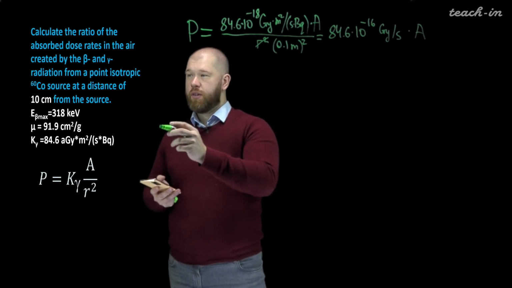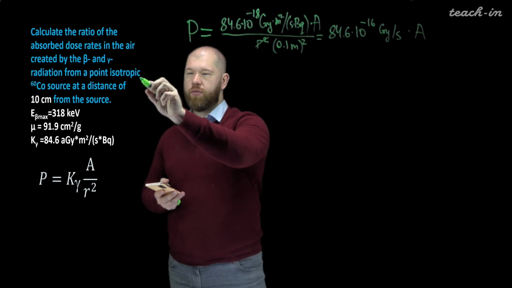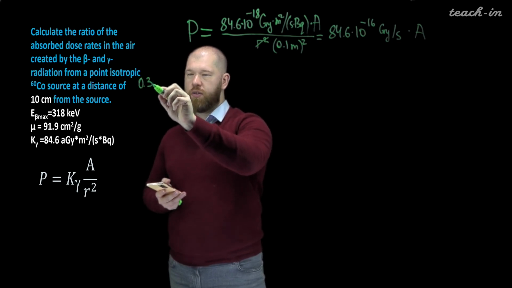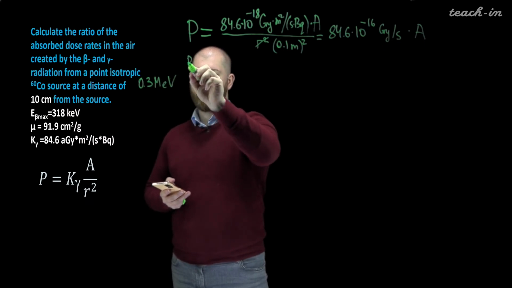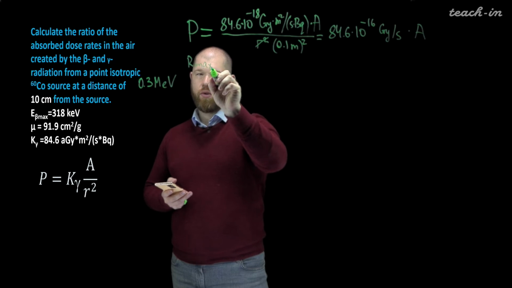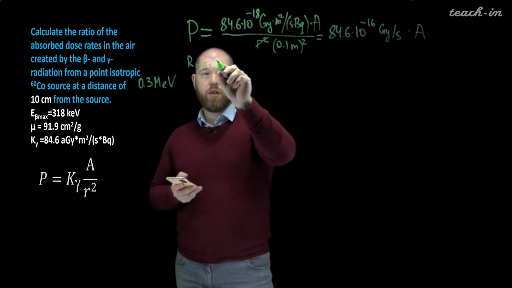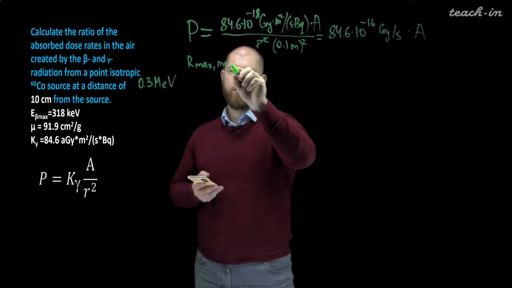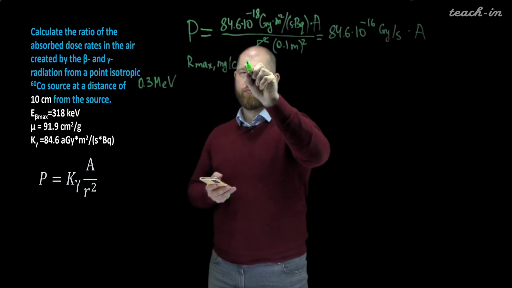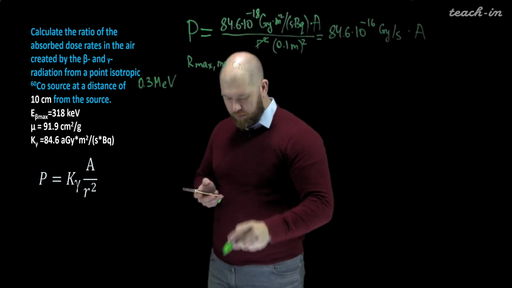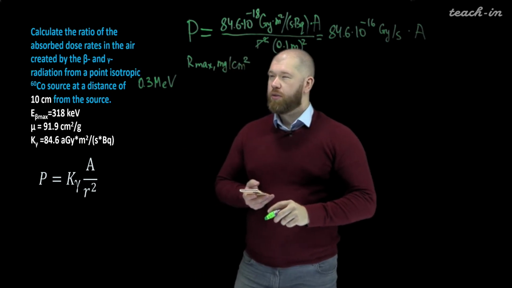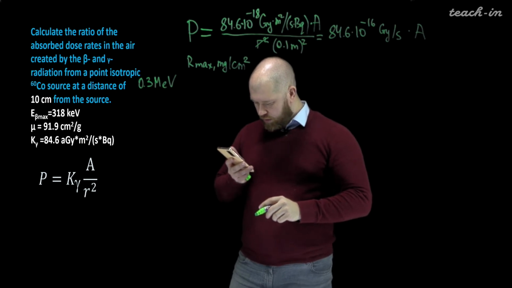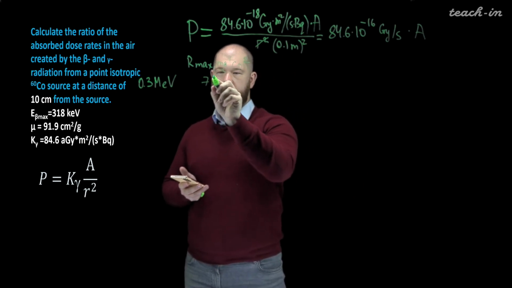We know in the table that for energy of 0.3 mega electron volt, the maximum range in milligram per squared centimeter is equal to 76.